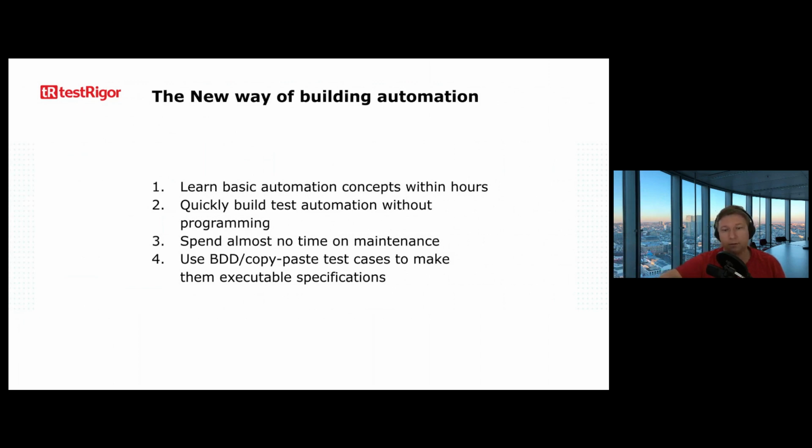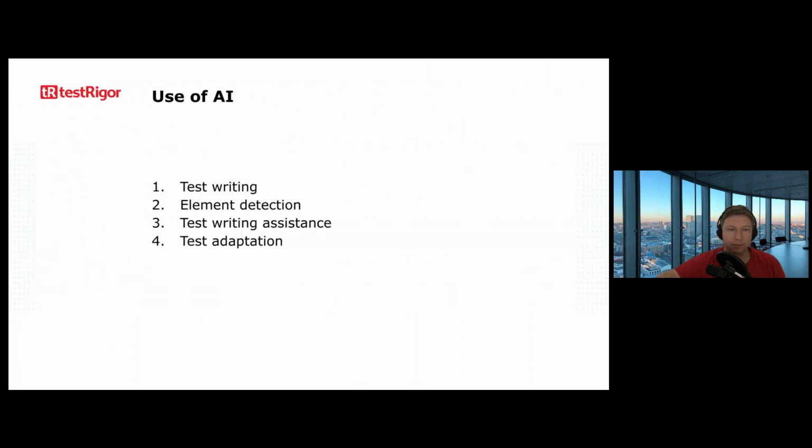And then you quickly build test automation without programming. You'll be able to use recording with plain English and so on. And then with no maintenance time, and in examples like testRigor, you would even be able to copy paste your test cases, either BDD style or post factum, to make them executable out of the box in some cases.